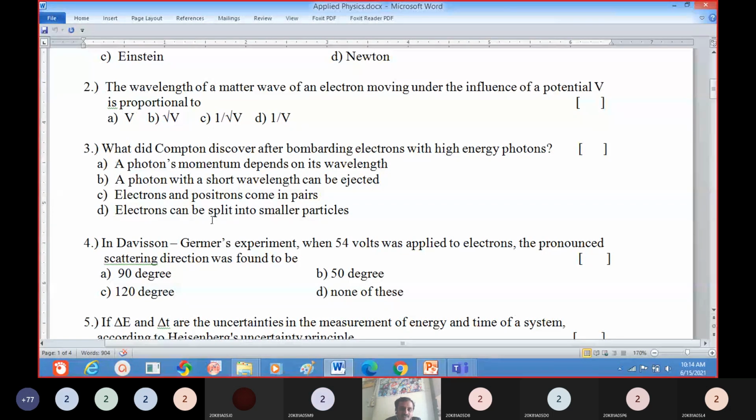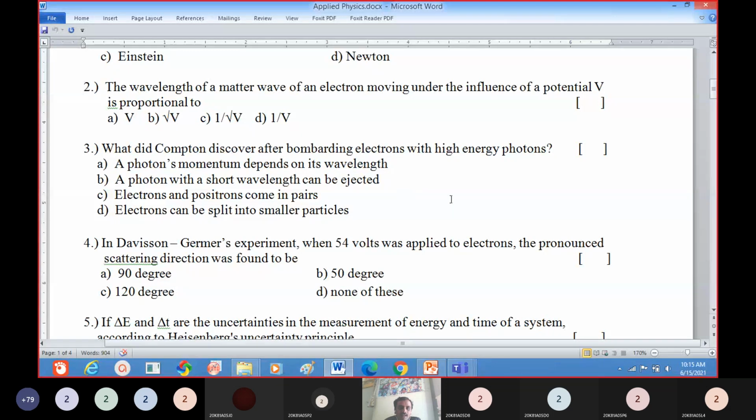So here positron is not coming into the matter. Okay, so that means the Compton effect. What is the Compton effect? A high energy photon collides with the electron, so the electron scatters. Okay, photon with short wavelength can be ejected. So this is wrong because the photon wavelength will increase. Okay, option B is wrong.